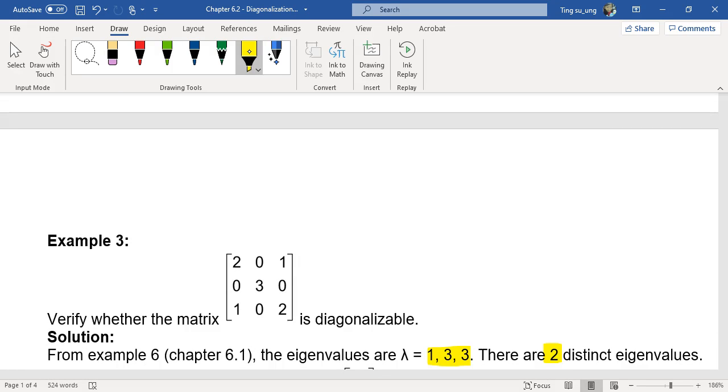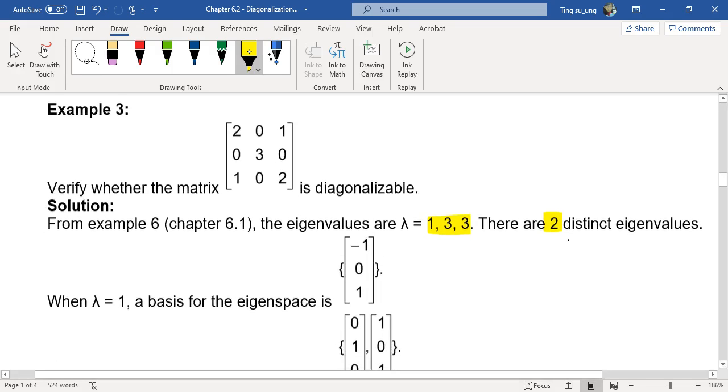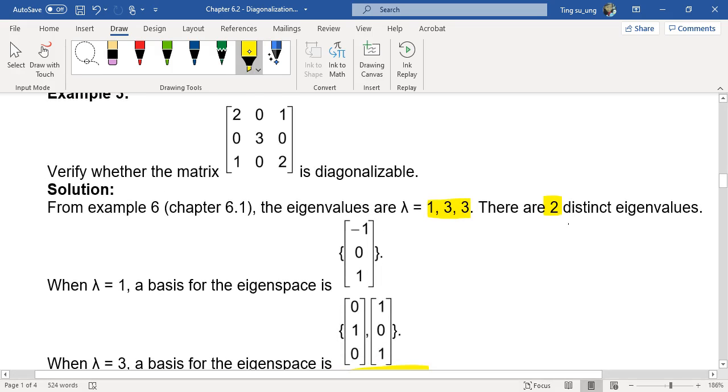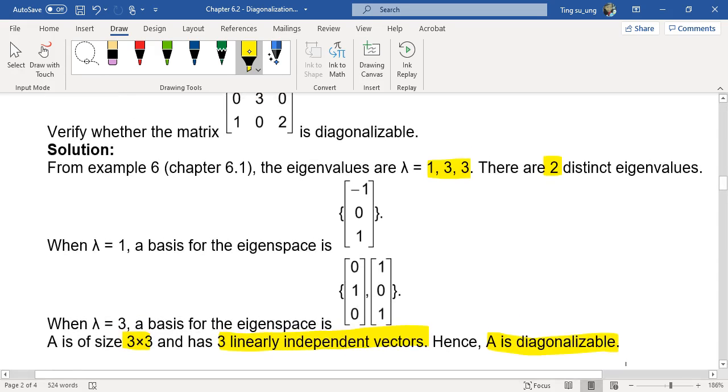You need to find out whether you have 3 eigenvectors or not. If you have only 2, unfortunately, then you can conclude already that it's not diagonalizable. But for this question, you have 3 linearly independent vectors, and at the same time A is a 3 by 3 matrix, so you can conclude A is diagonalizable. I hope you are clear with this.